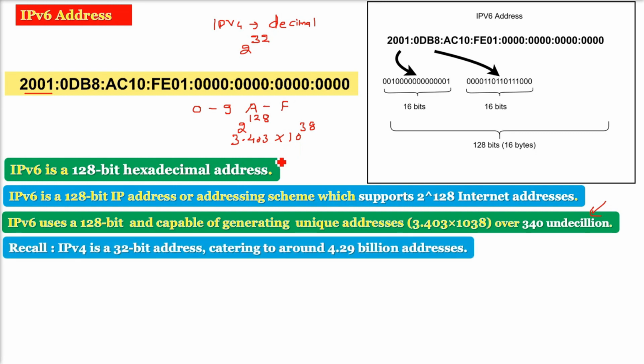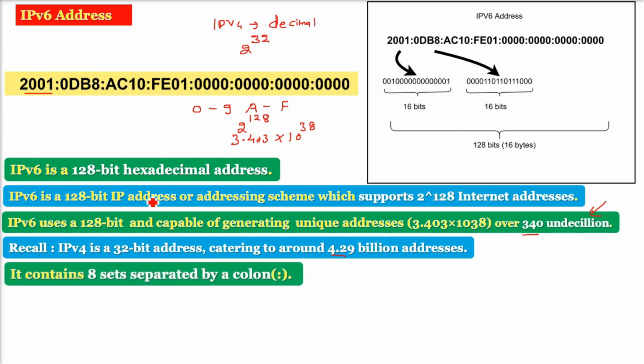Please recall, IPv4 was a 32-bit address. It can only cater to 2 to the power 32, that is 4.29 billion addresses. But IPv6 gives 340 undecillion. Here we have 1, 2, 3, 4, 5, 6, 7, 8 sets, or fields, or groups.